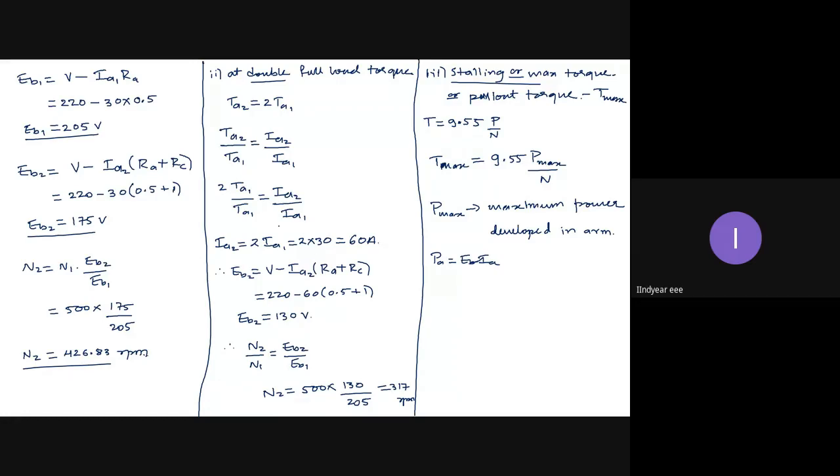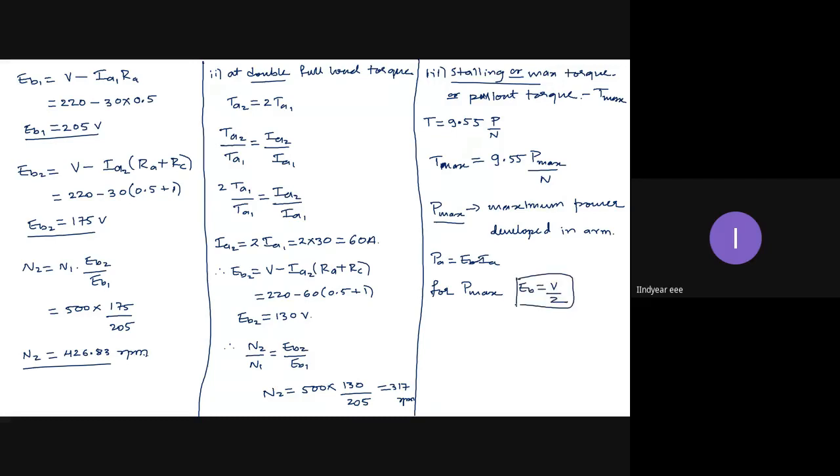Now, if I want maximum power to be developed in the armature, there is a condition from the voltage equation and power equation, and we derived a condition for maximum power. What is that? The back EMF should be equal to the applied voltage by 2, that is V by 2. So for Pmax, EB should be V by 2.